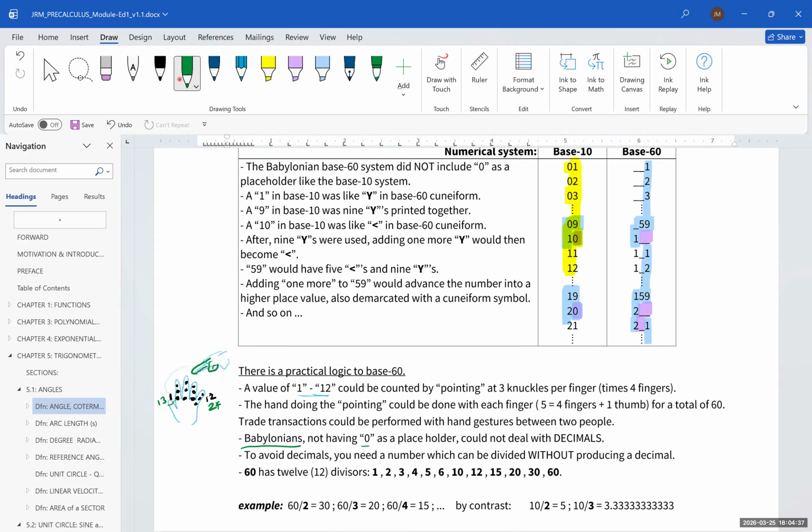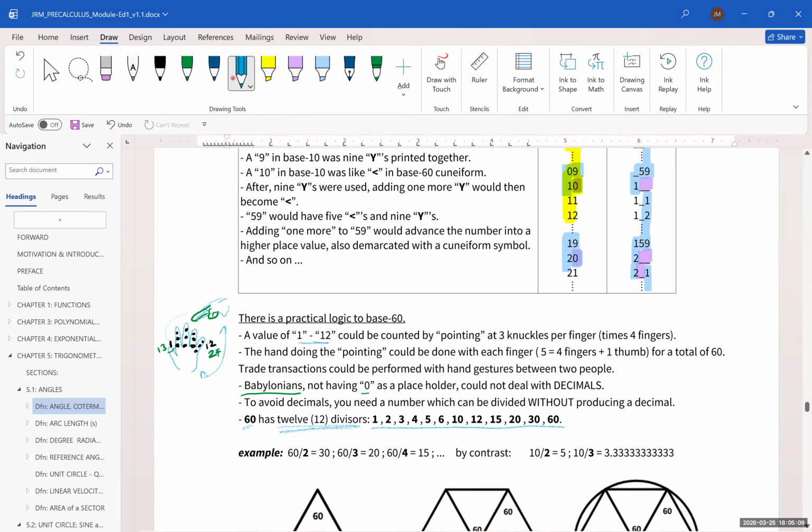This was a nice coincidence of human anatomy, in that you can count to 60 using both hands, and 60 has 12 divisors. So 12 numbers that will divide into 60 evenly.